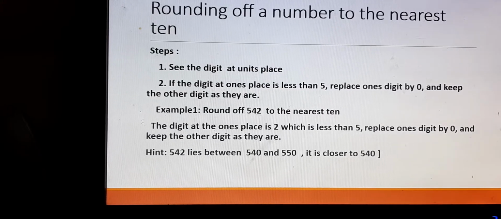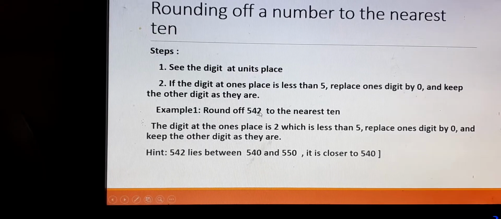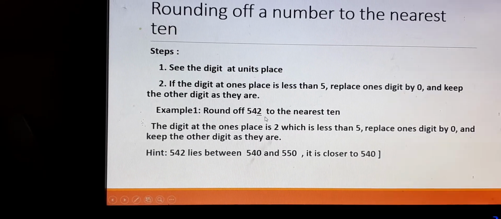So a very poor digit. When this poor digit goes, it will simply silently leave the place. So you will put a 0 here. When it goes, you will put a 0 and nothing else will change. There will be no change. So the answer will be 540. When you round off 542, you get what?